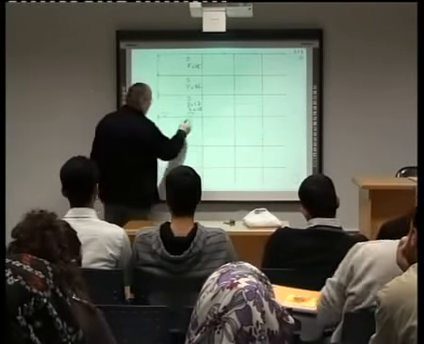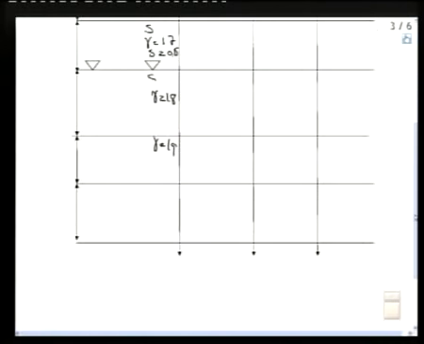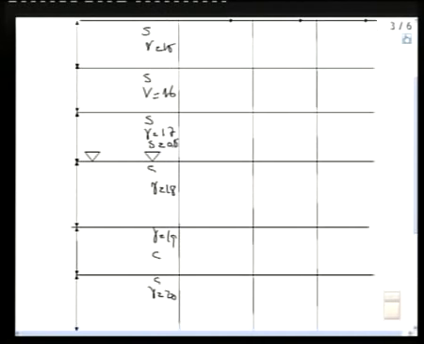Then clay, gamma equals 18. Clay, gamma equals 19. Another clay, gamma equals 20.